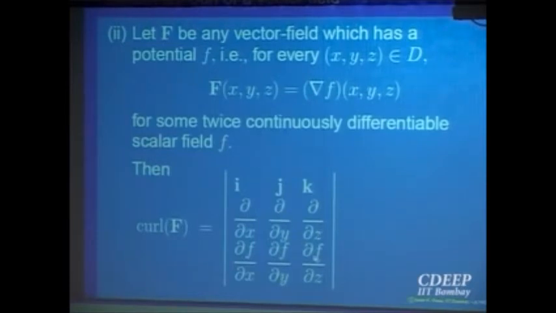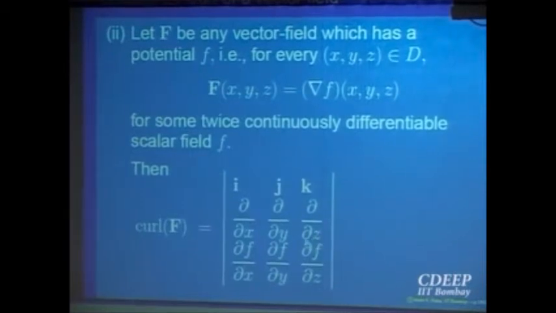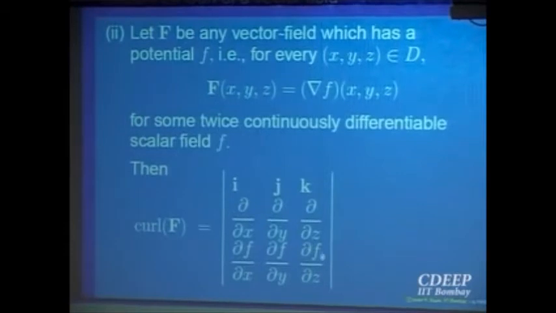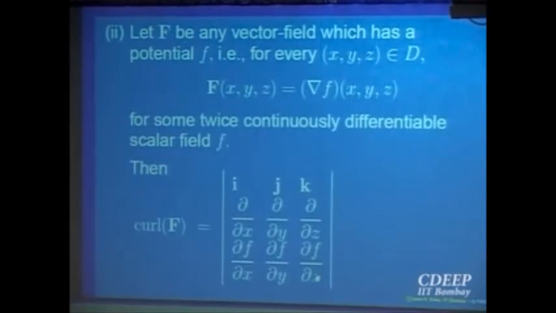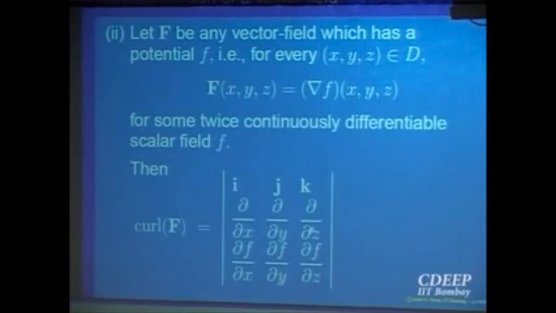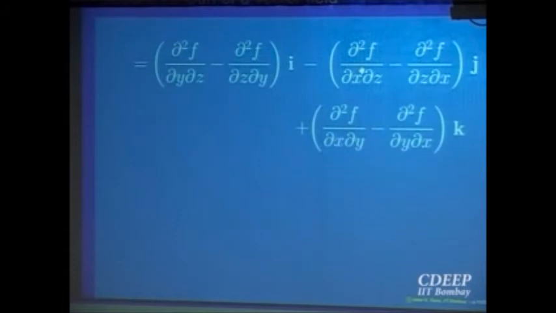So you see that the order of differentiation in the two is reversed. Here you are taking the partial derivative of f with respect to z first, and then with respect to y, and there you are taking with respect to y first and then with respect to z. So that is the component of i. If you write that down, this is what you will get. This is the curl of the vector field, which is the gradient of a scalar field f.